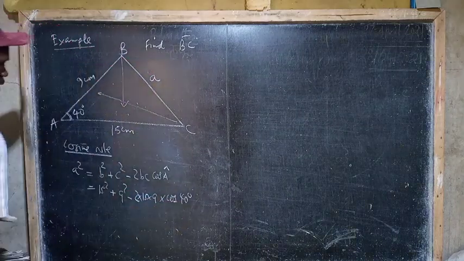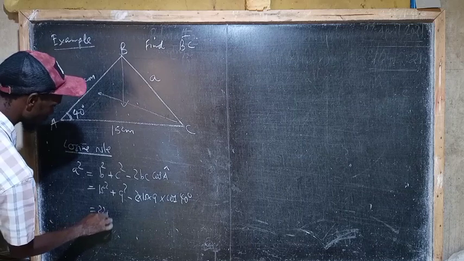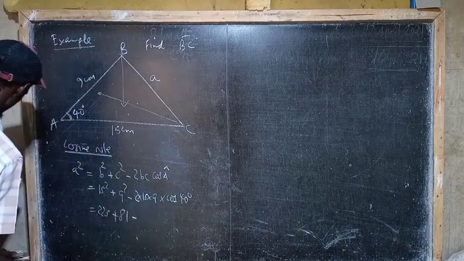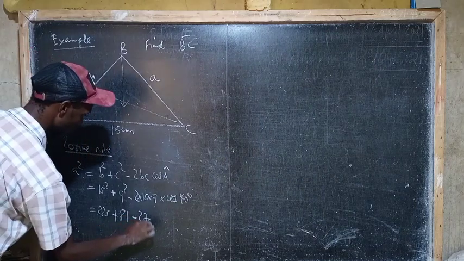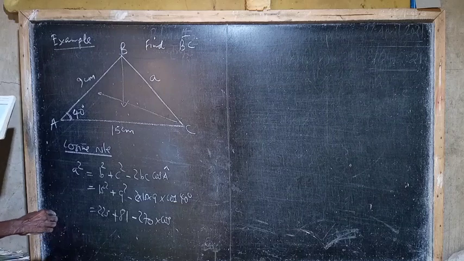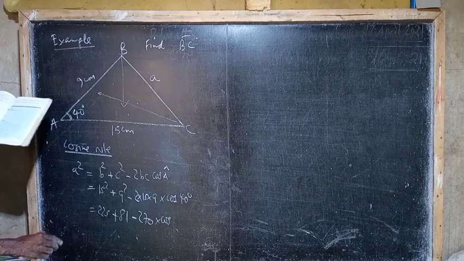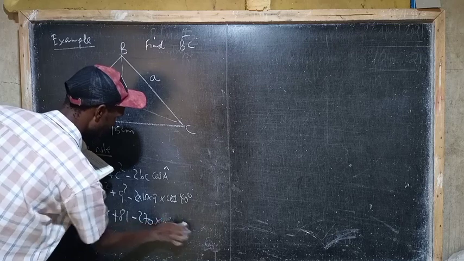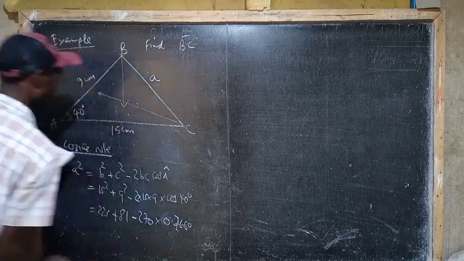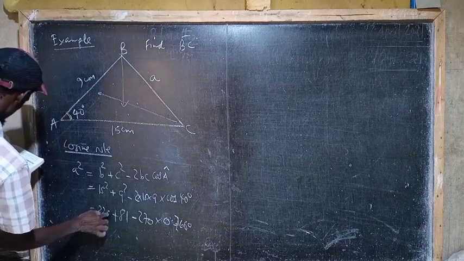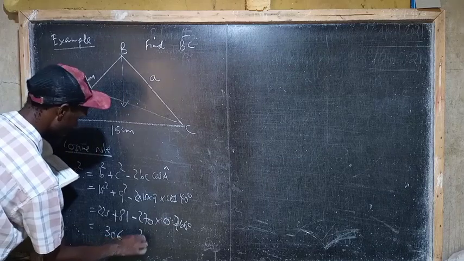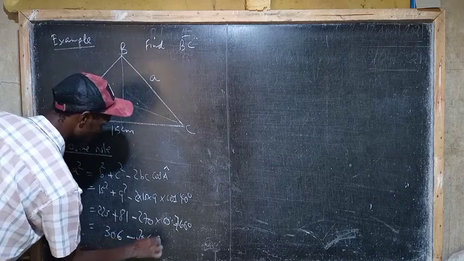The angle is 40 degrees. So here it will be 225 plus 81 minus 270 times cosine of 40, which is 0.7660. Adding gives 306 minus 206.83.